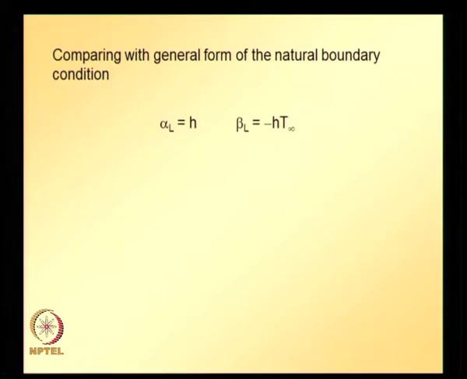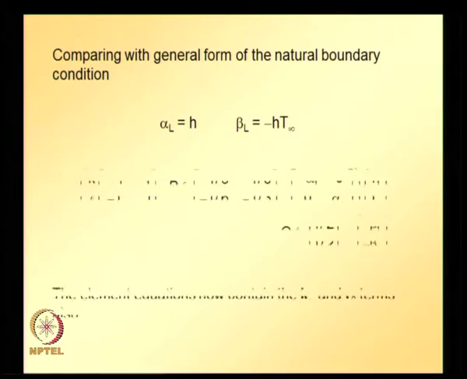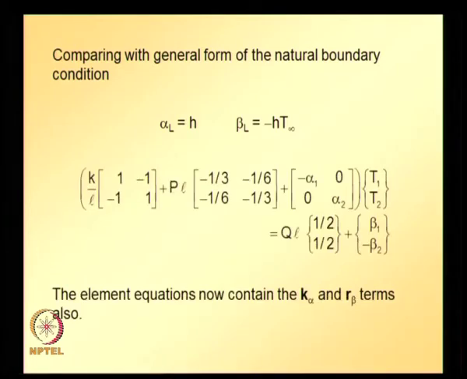So, with this natural boundary condition, that is the convection boundary condition at node 4, one of the ends, we can make a comparison with the general one dimensional boundary value problem and identify the corresponding coefficients and variables, and then we can develop the element equations for this particular problem.